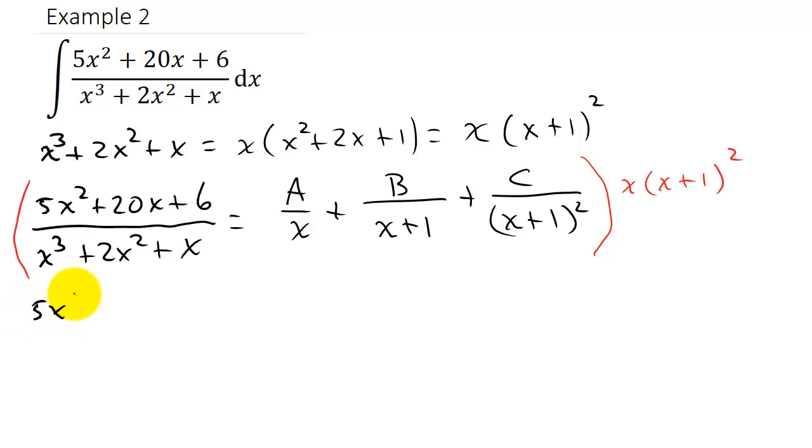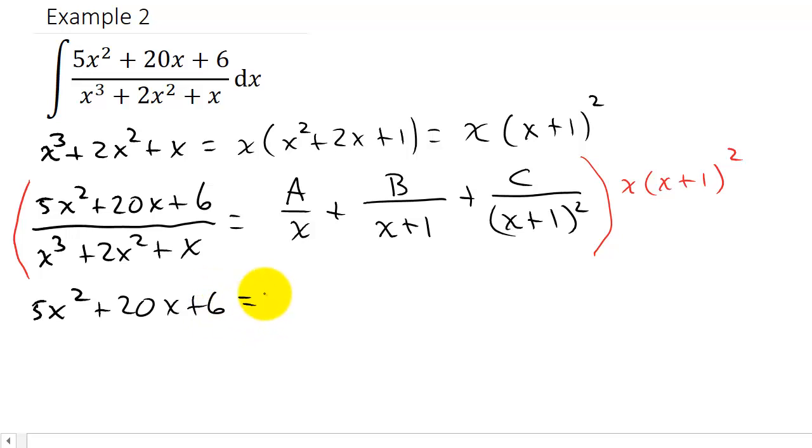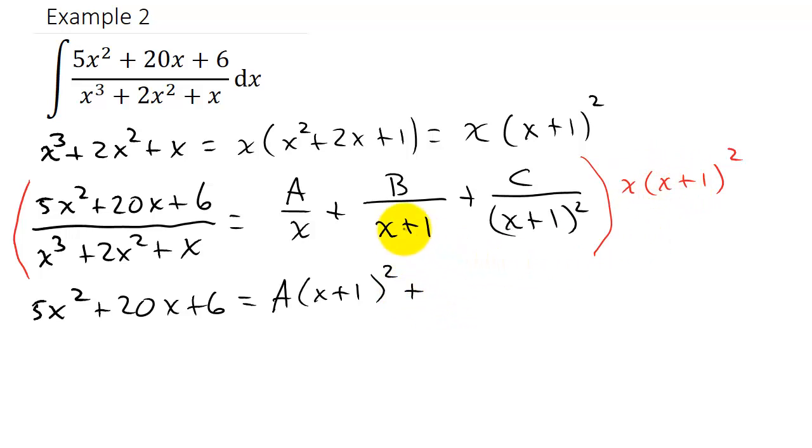So I'm left with 5x squared plus 20x plus 6 equals, and then when I multiply this term, the x's cancel out, so I'm left with A times x plus 1 squared plus, and now I'm going to multiply the common denominator times this term, so an x plus 1 will cancel out, but I'll still be left with one of the x plus 1's, and so this is going to be B times x plus 1.